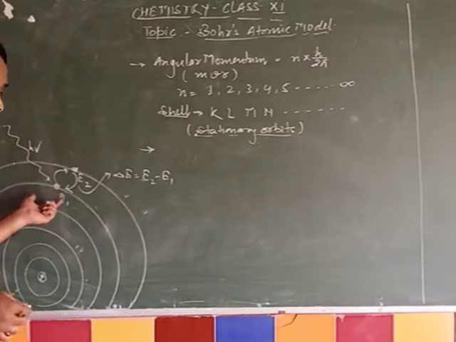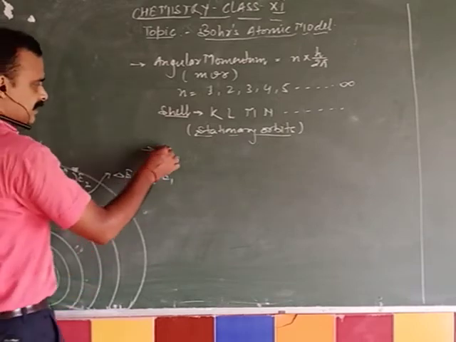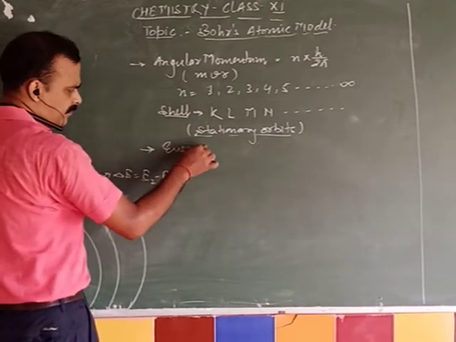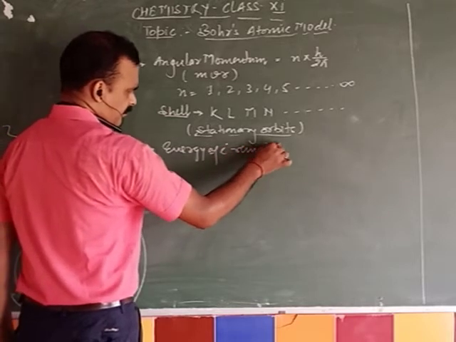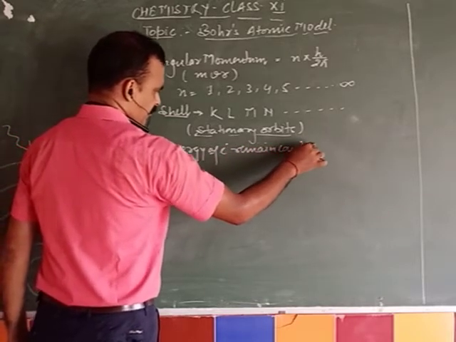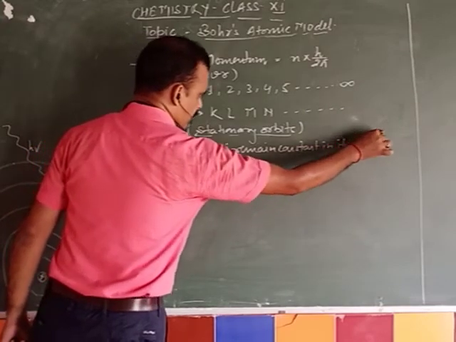But when it returns to its original orbit, it releases the same bit of energy back. It means the energy of an electron remains constant in its orbit.